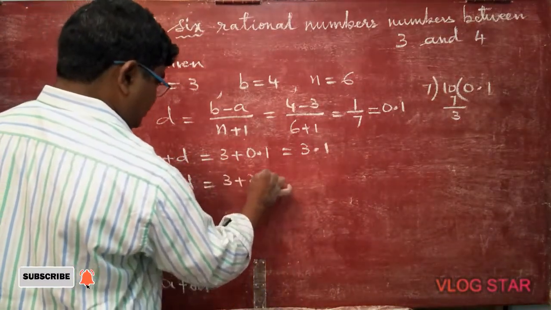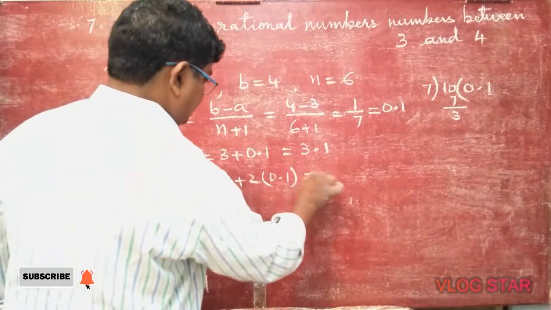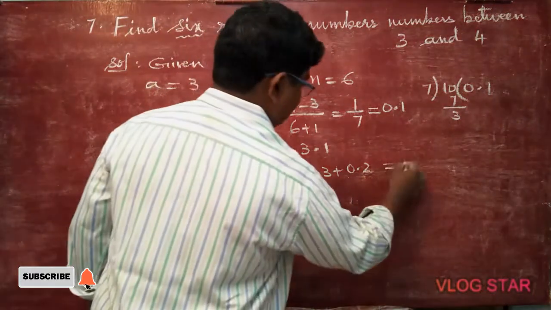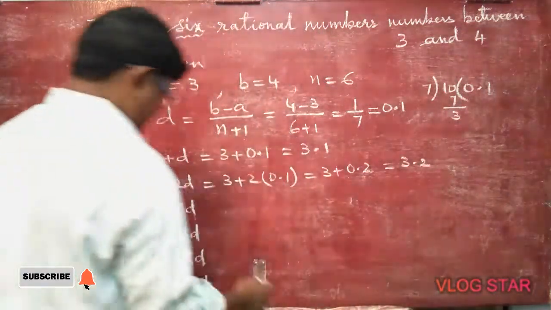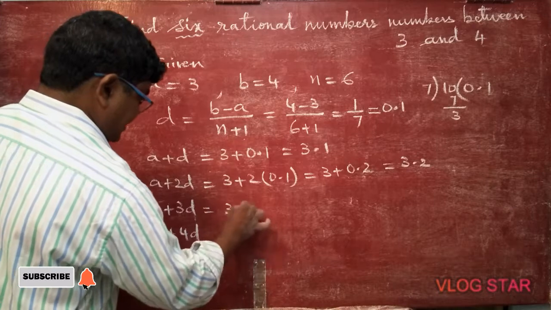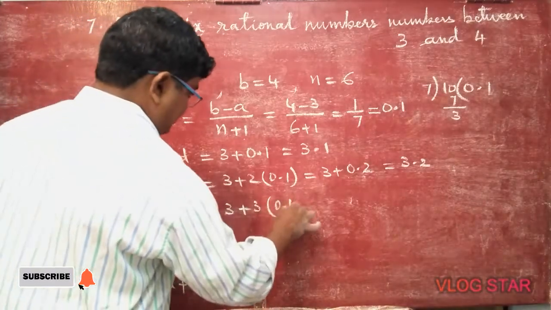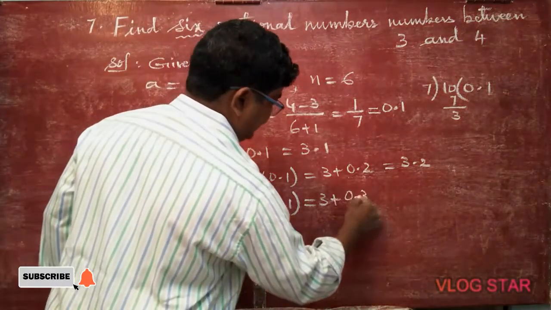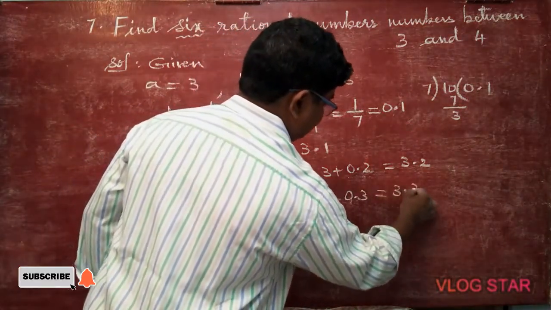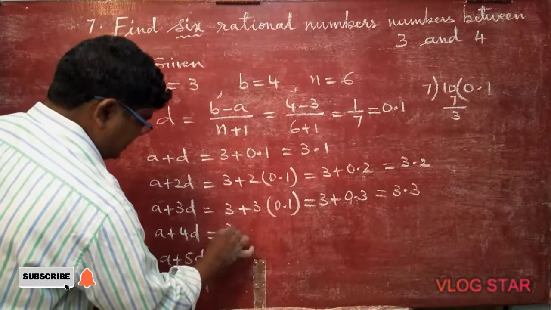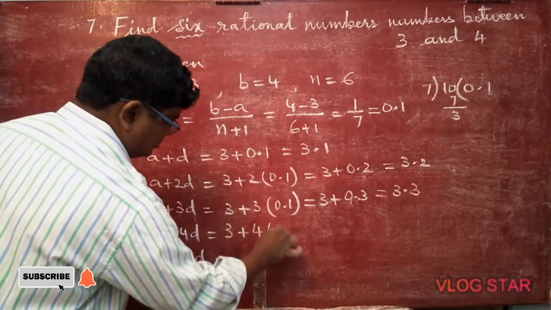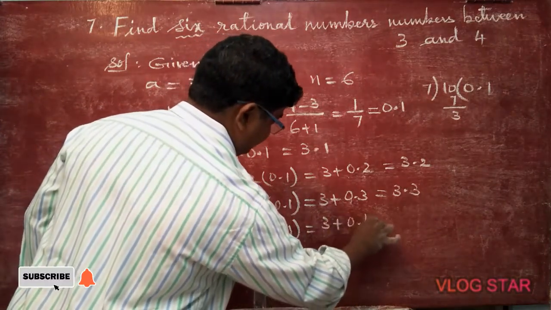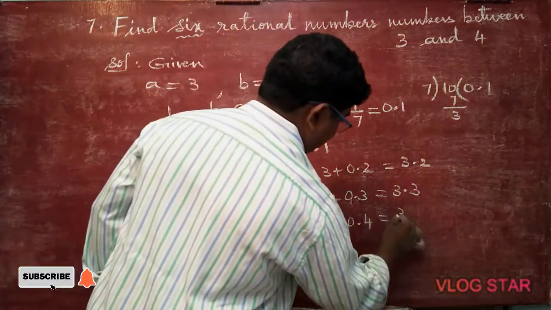3 plus 2 into 0.1. That is equal to 3 plus 0.2, that is equal to 3.2. Next, 3 plus 3 into 0.1, 3 plus 0.3, that is equal to 3.3. Next, 3 plus 4 into 0.1, 3 plus 0.4, that is equal to 3.4.